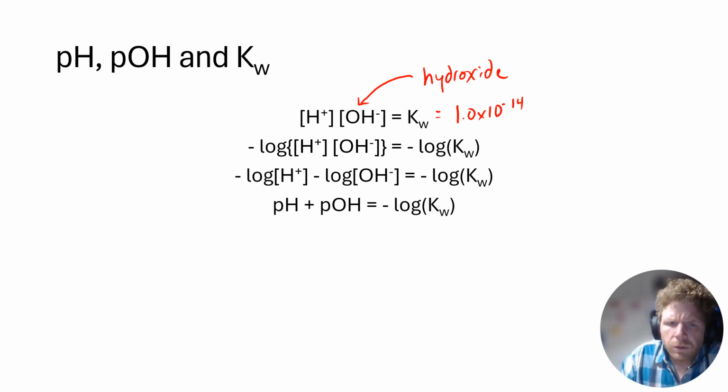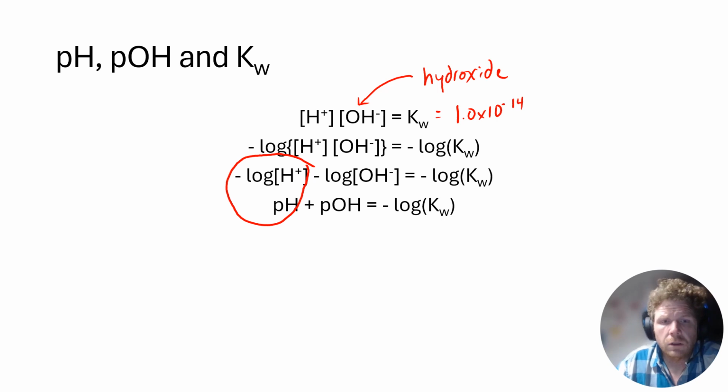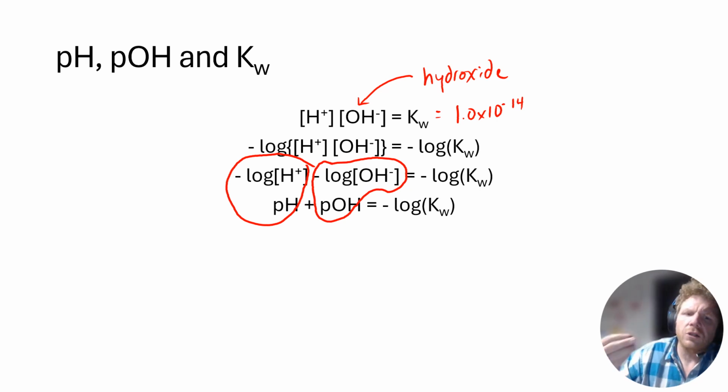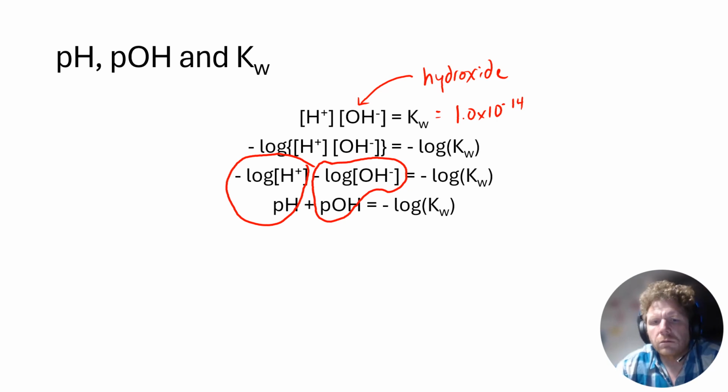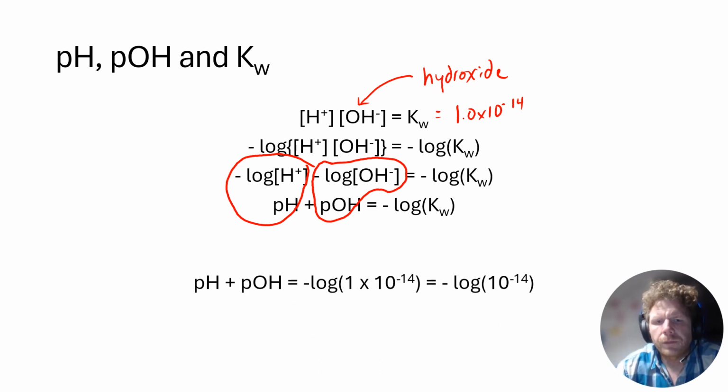So that negative log of our hydrogen ion concentration is our pH. The negative log of our hydroxide ion concentration is our pOH. And the pH plus the pOH are going to equal the negative log of our Kw.